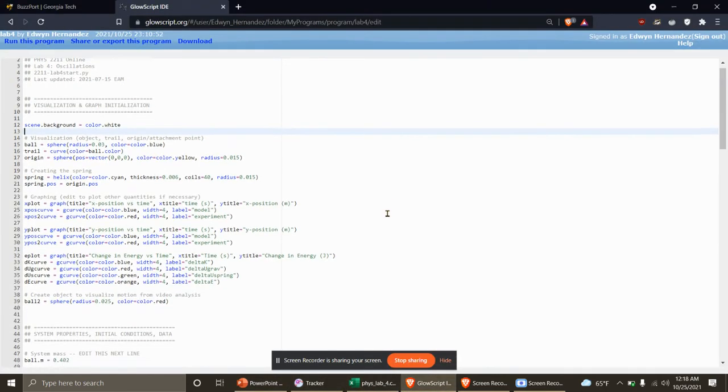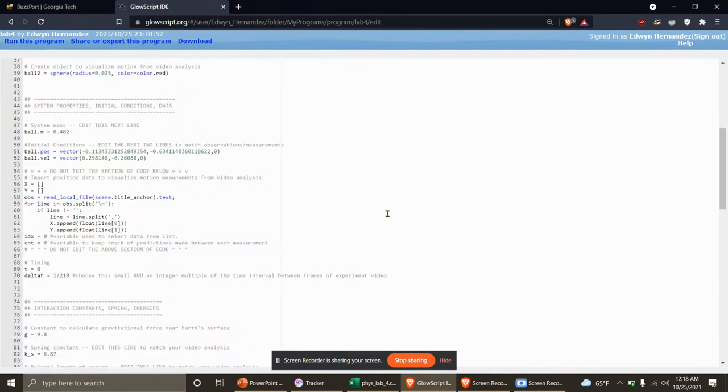We can see right here the mass of our ball was 0.402 kilograms. The ball position was 0.1134 meters on the X, and on the Y it was 0.6341 meters.